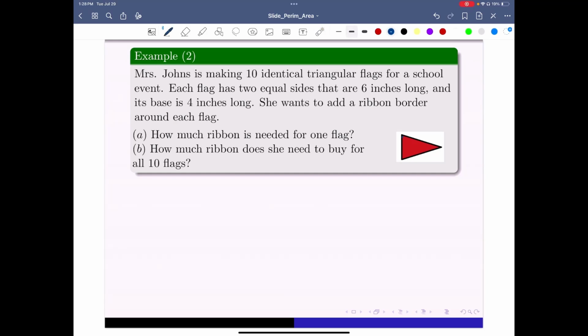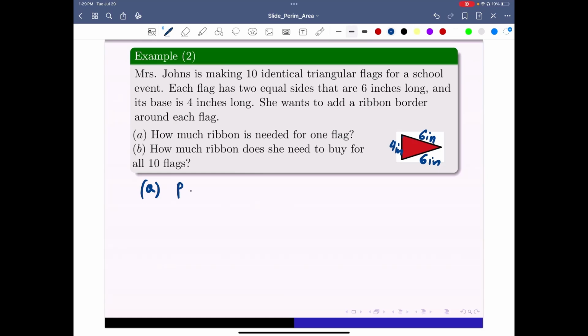So we have 2 sides that are 6 inches each, and the base is 4 inches. For one flag, we just add the distance around: 4 plus 6 plus 6.